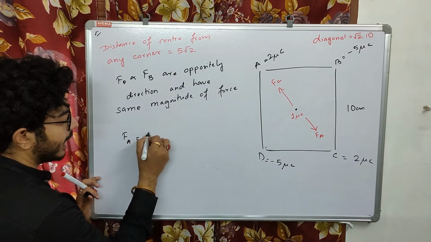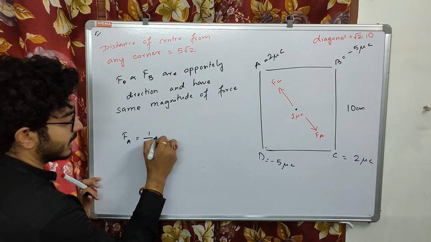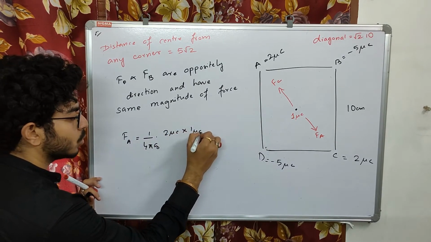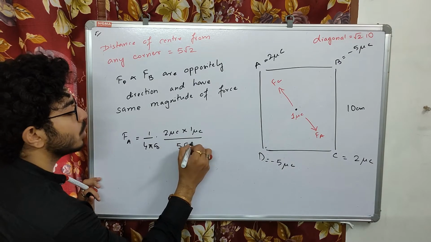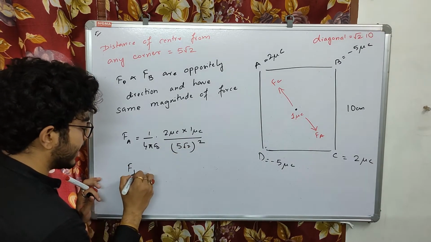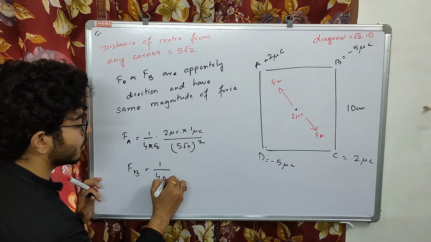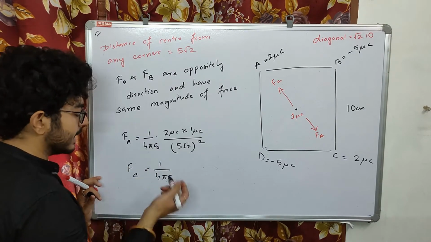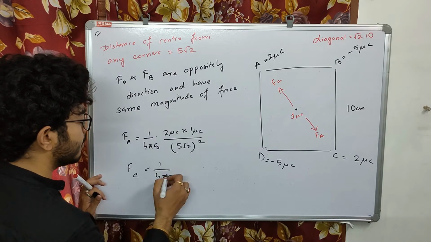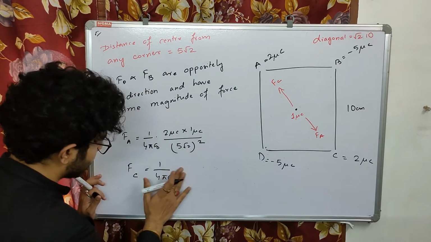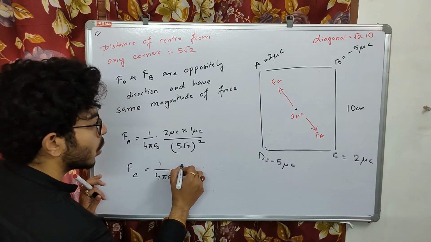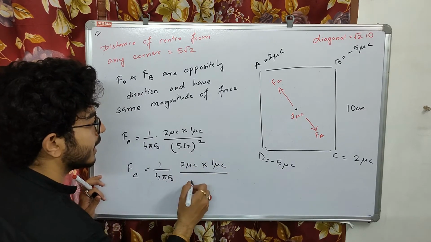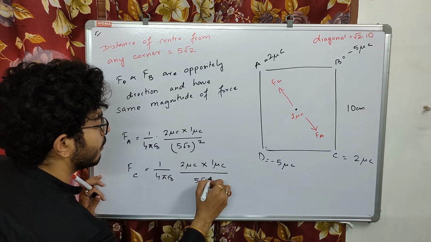FA will be 1 by 4 pi epsilon naught into 2 microcoulomb into 1 microcoulomb divided by 5 root 2 square. Similarly, FC will be 1 by 4 pi epsilon naught into 2 microcoulomb into 1 microcoulomb divided by 5 root 2 square.